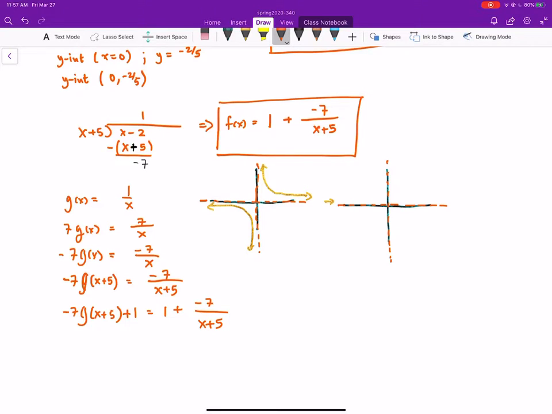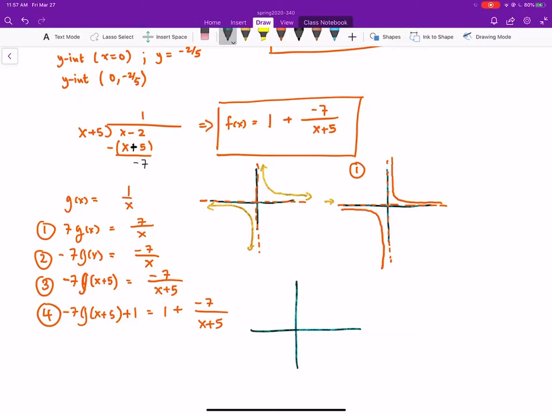It got stretched vertically, so it gets a little bit thinner. And then it was inverted, so this went this way.